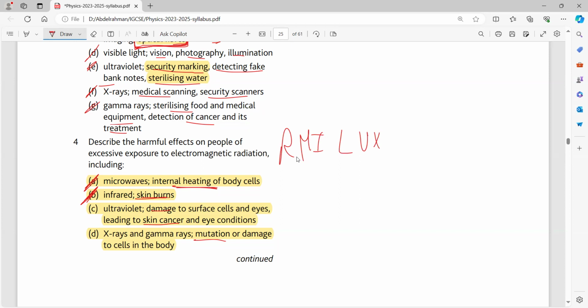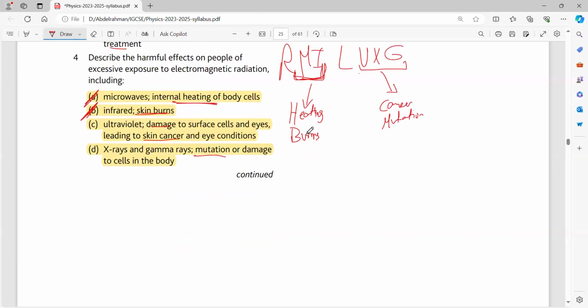This side of the spectrum has to do with heating and skin burns. This side has to do with cancer, mutation, and skin damage.